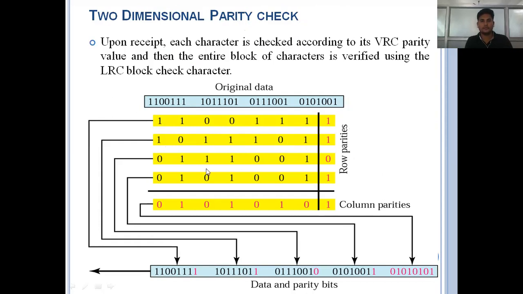This one is even parity, so added 0. This one is odd parity, so added 1. This one is also odd parity. So these are the row parities and these are the column parities. This is the original data and these are the parity bits.